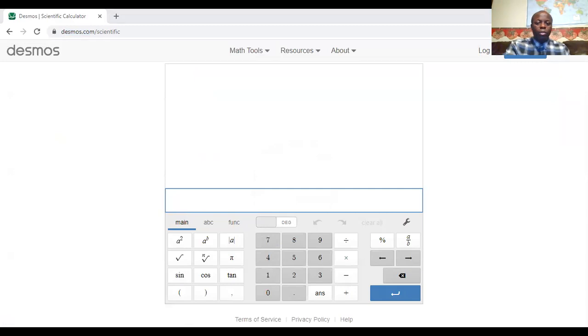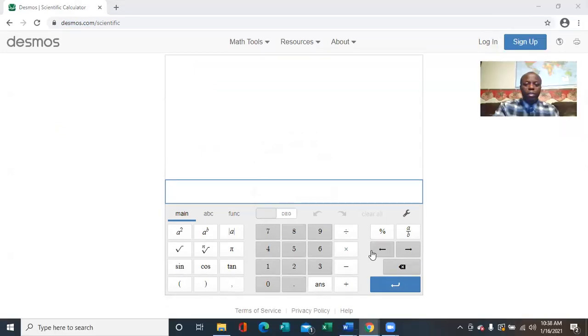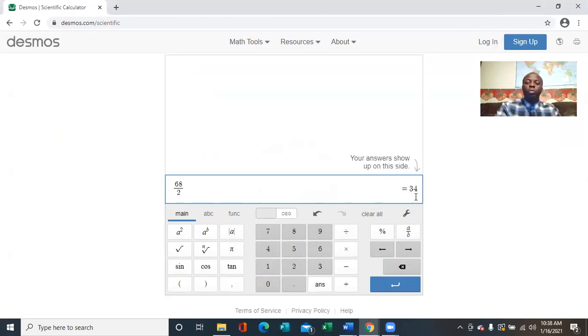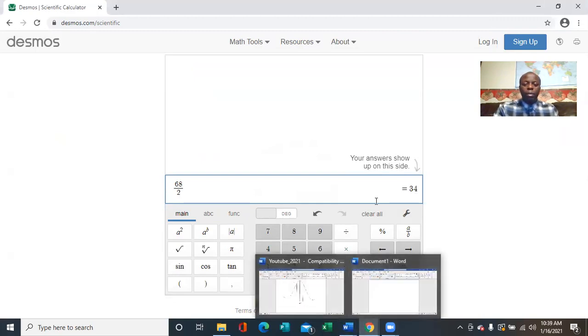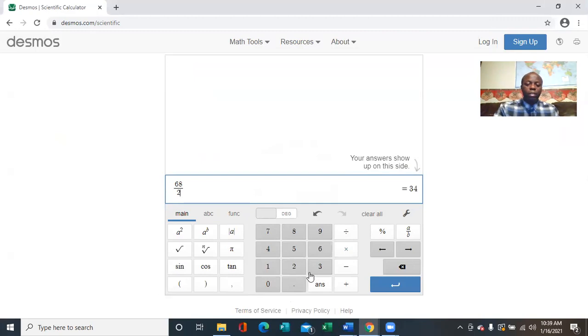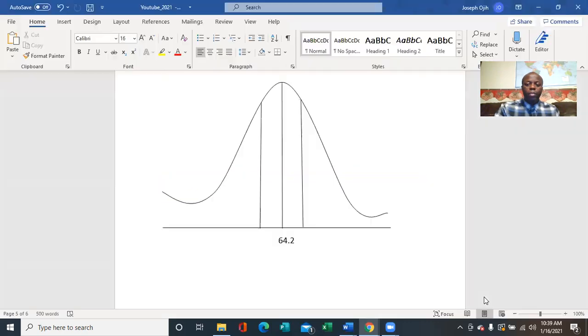You can see decimals. So 68% divided by 2. For the one standard deviation, it's 68%. 68 divided by 2 gives us 34%. So on the left side, we have 34%. On the right side, we have 34%, which make up the 68% according to the empirical rule. So I'm going to take you back there so you can see the work. 34% on both sides.